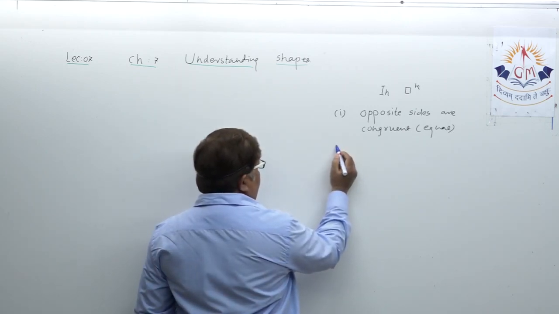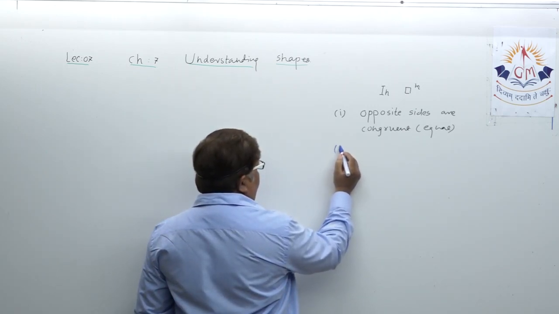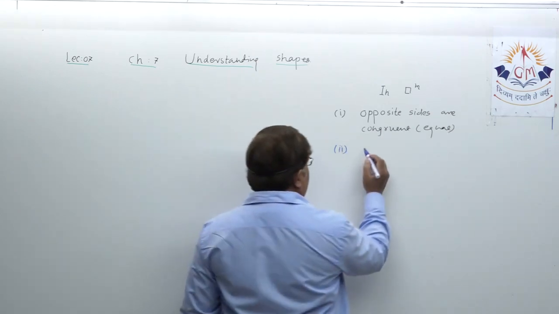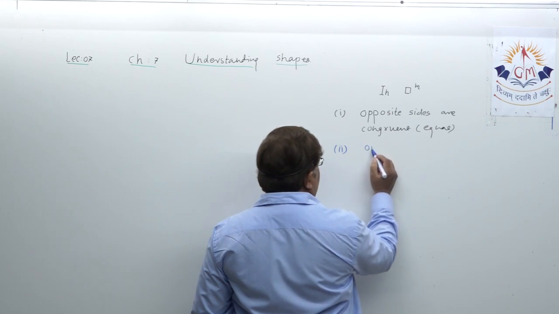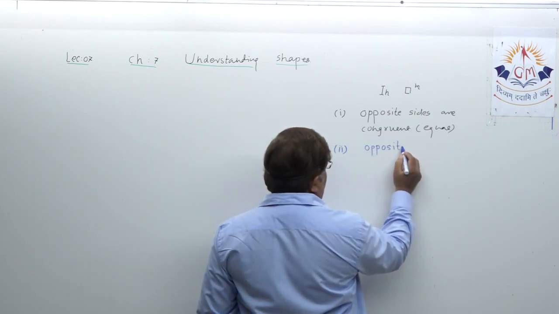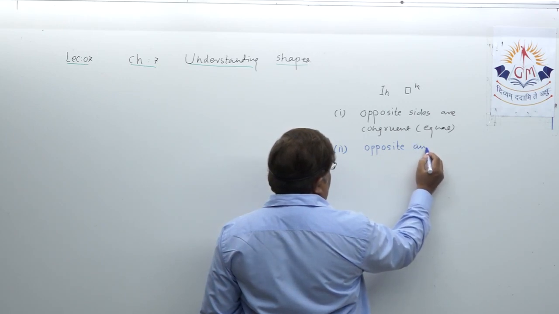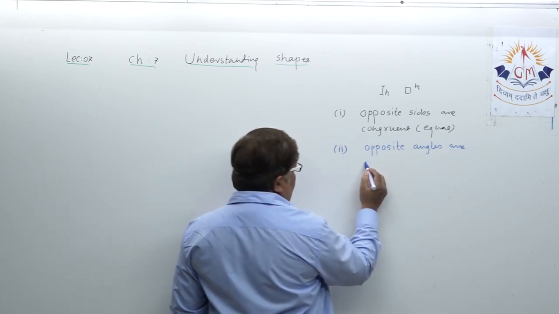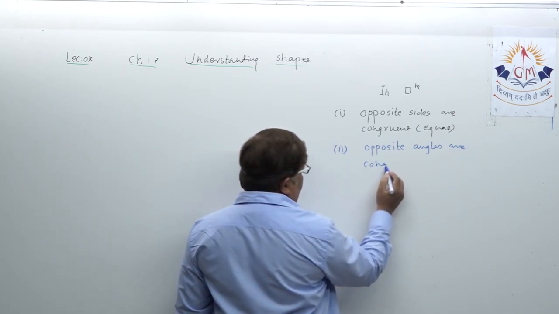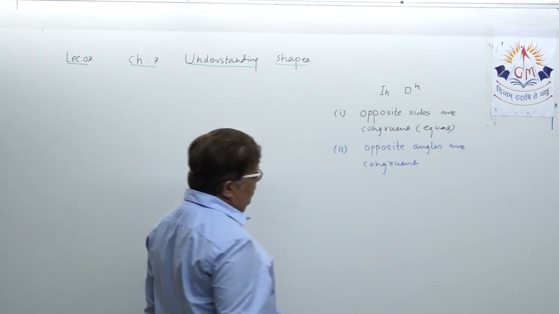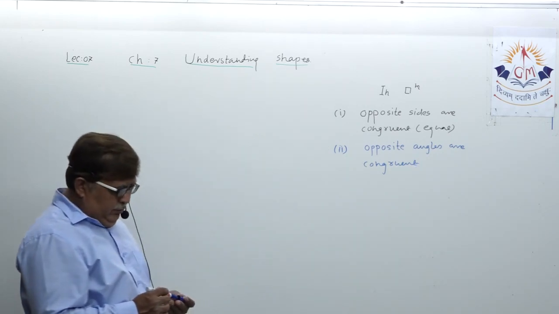Then the second property regarding parallelogram, if you can remember, we proved that opposite angles are congruent. If you can remember, opposite angles are congruent.